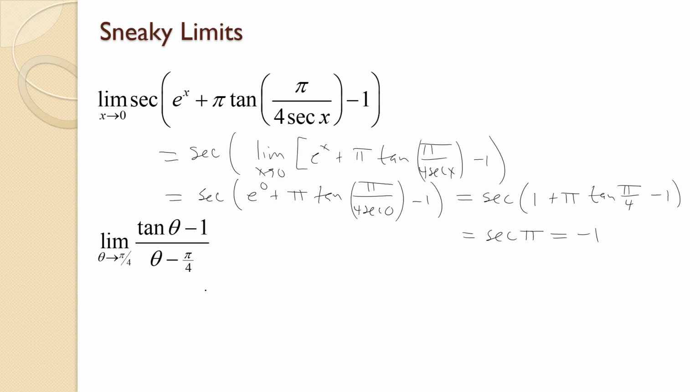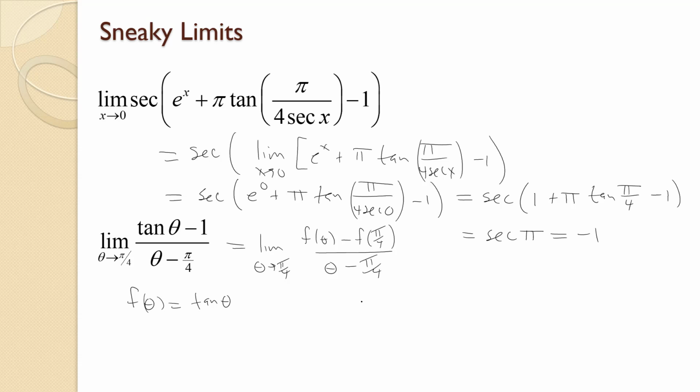On the other hand, this one is a little more tricky. But you should notice that if you were to say, suppose f of theta is temporarily defined to be the tangent of theta, then this is really the limit as theta approaches pi over 4 of f of theta minus f of pi over 4, because the tangent of pi over 4 is 1, and it's all over theta minus pi over 4.